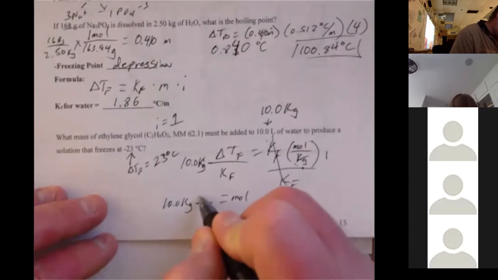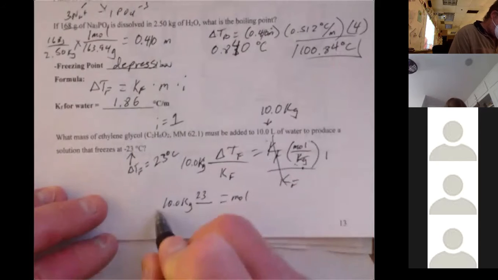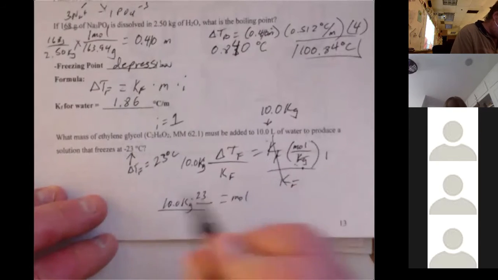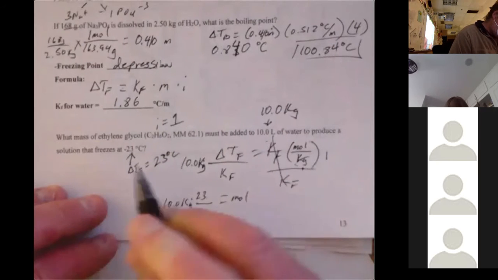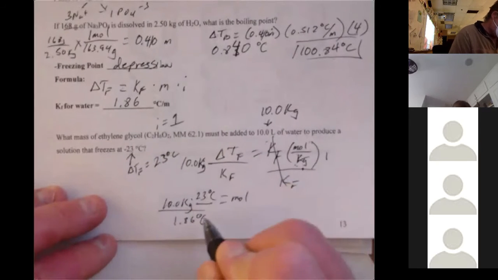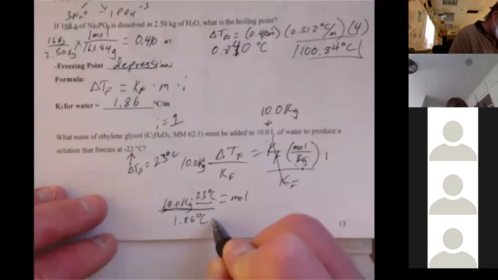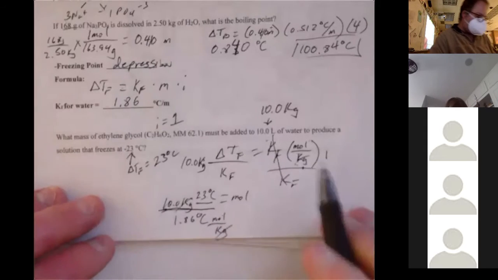10 kilograms. Delta T of F is 23. And K of F is 1.86 degrees Celsius per mole kilogram. Kilograms will cancel out.